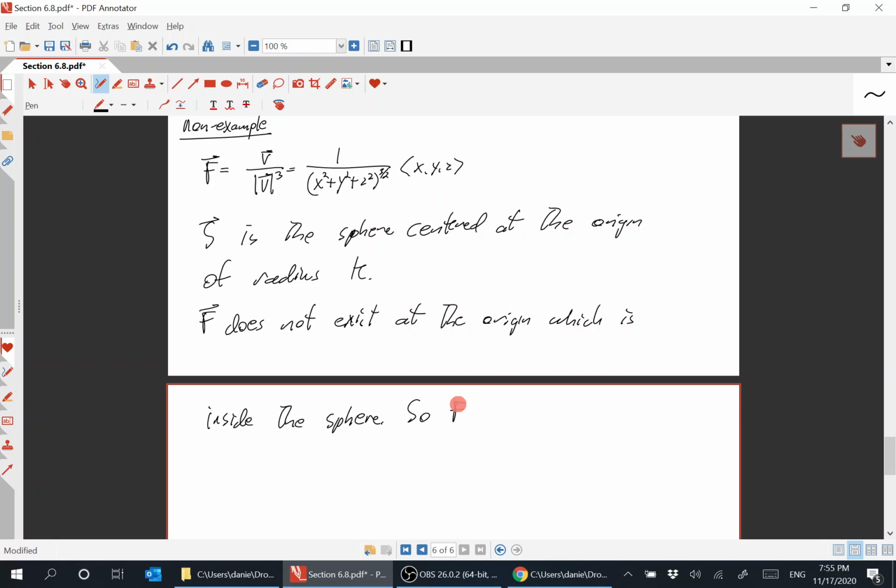So F does not have partial derivatives, much less continuous partial derivatives, inside the sphere. So the divergence theorem doesn't apply.